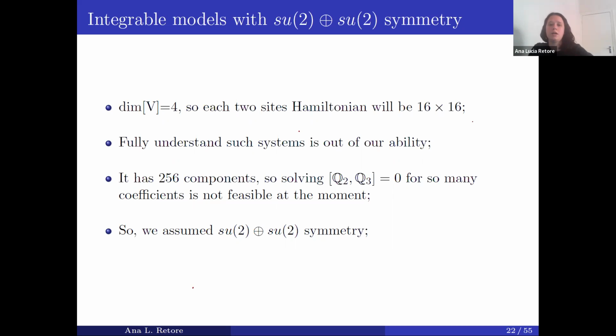It is, but I see your point. It's like putting integrability from the outset. That's exactly what she wants to do.